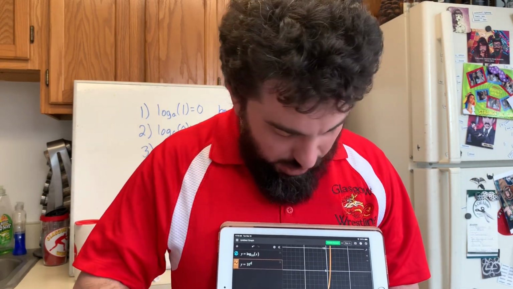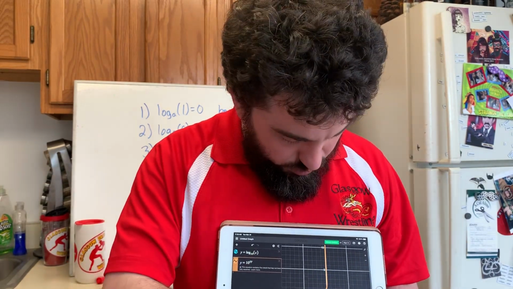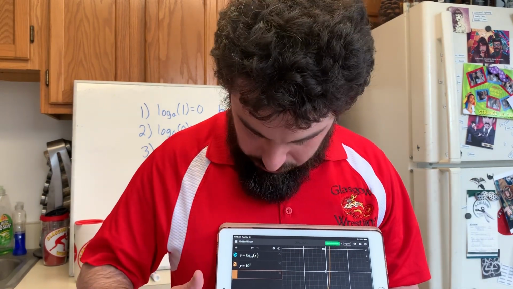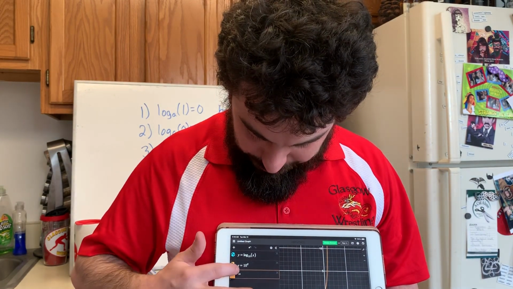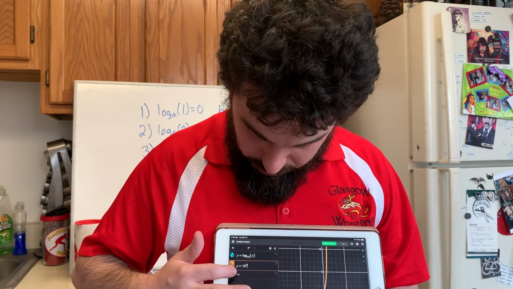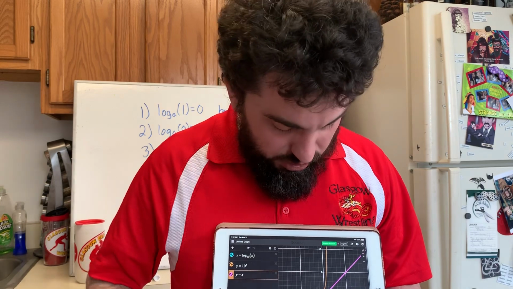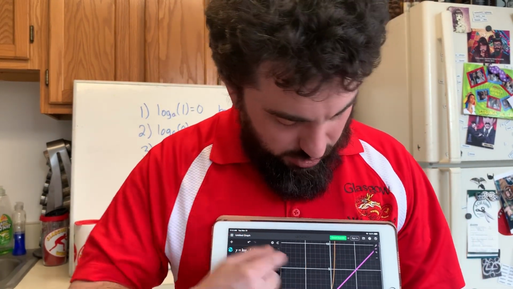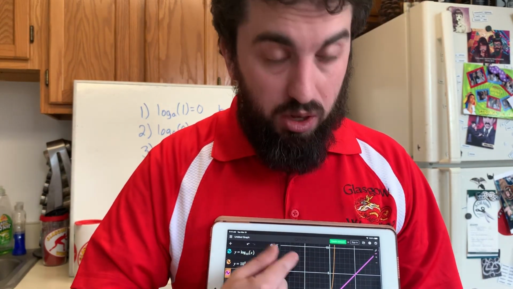If we notice, if I put in the line y equals x, you'll see that this orange line and this teal line seem to be reflected over the purple line.